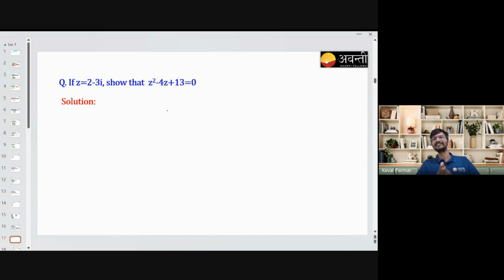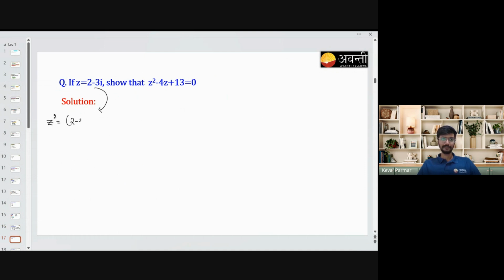This one. This is a fairly simple question, guys. Let's see what we are given. We are given z equals to, and we have to find z square. So we all know how to find a plus b the whole square. From here directly, see, there are two methods, guys. One method which I'm going to show: we get z square, what is z square?